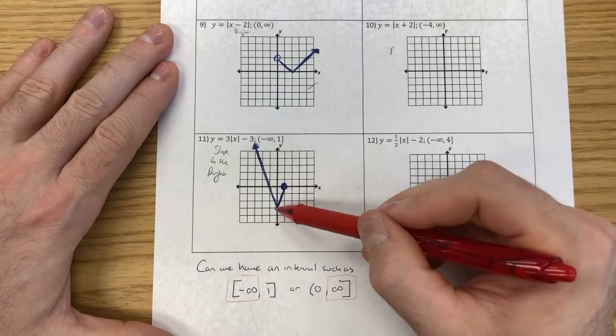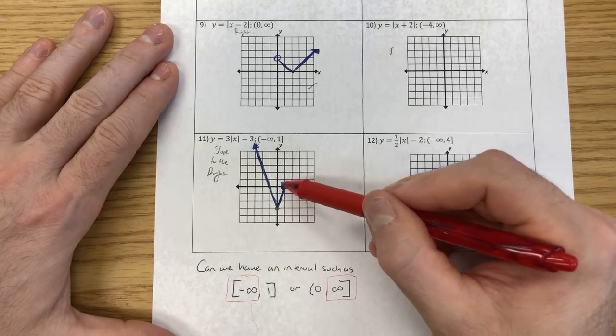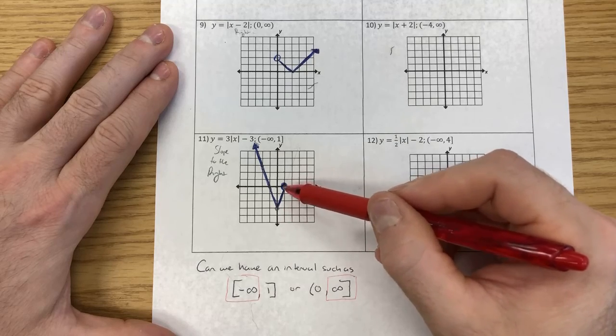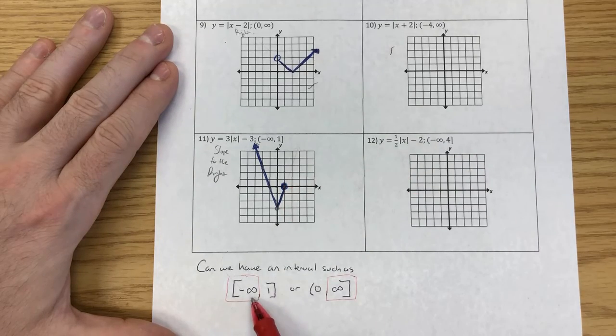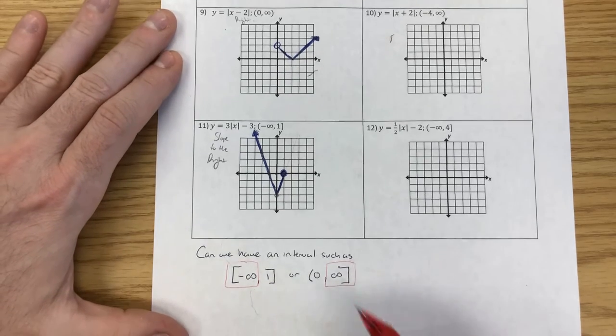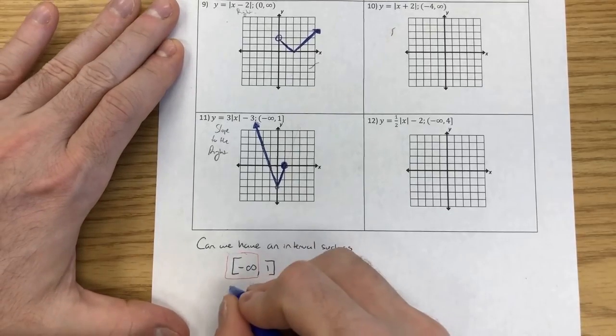When we have the brackets, that means we include the point. So we go all the way up to that point, and that's part of our graph. You're going to ask yourself, can you actually trace the graph to infinity? If your answer is no, then we cannot include.